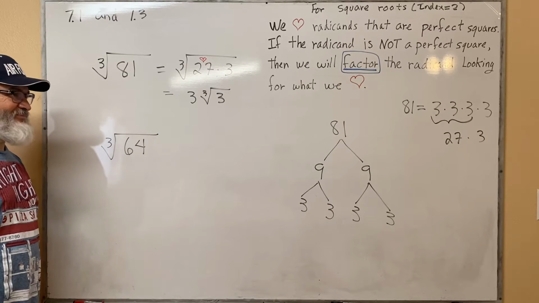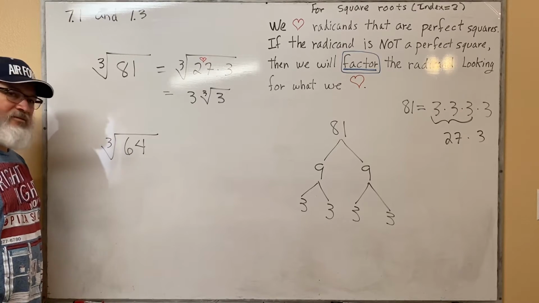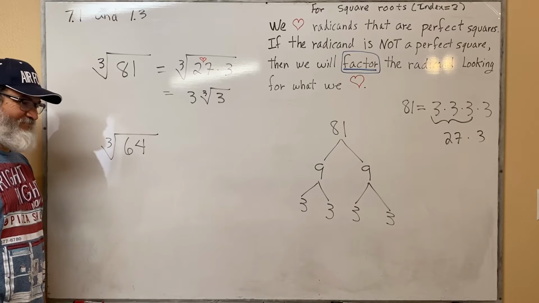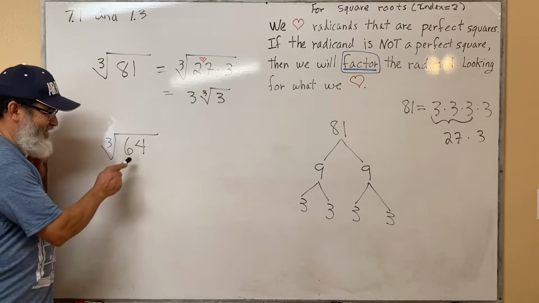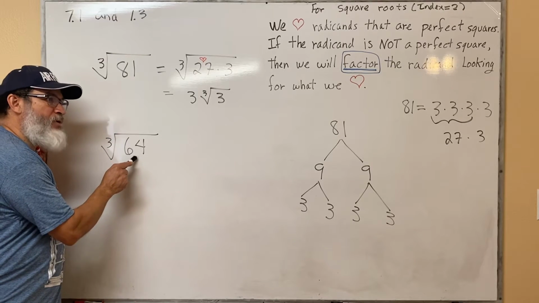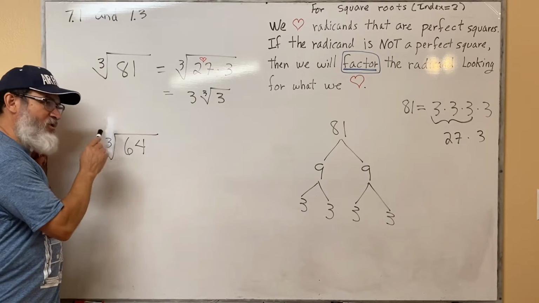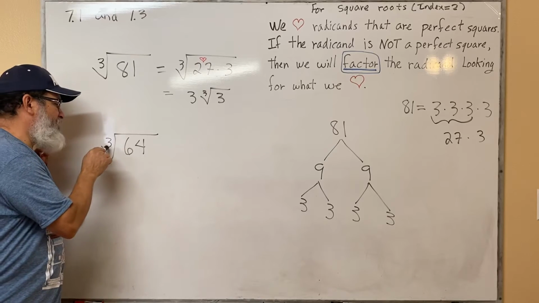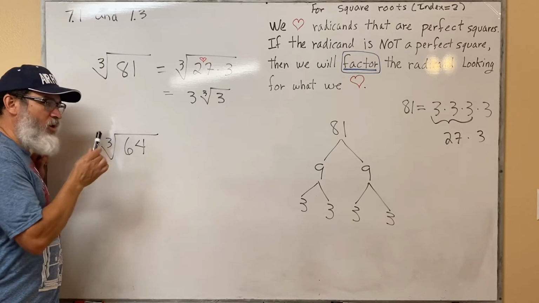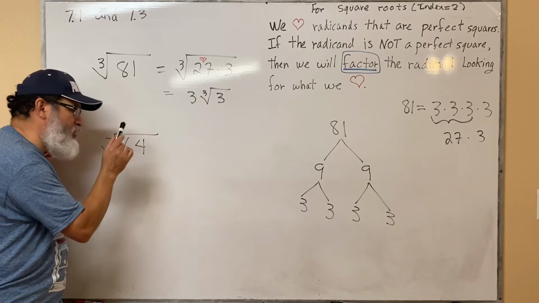Well, not here. Why not? Well, because now we want perfect cubes. If the index was a 2, yes, we love it. But because the index is a 3, we don't love it anymore. I don't love the 64 because it's not a perfect cube.